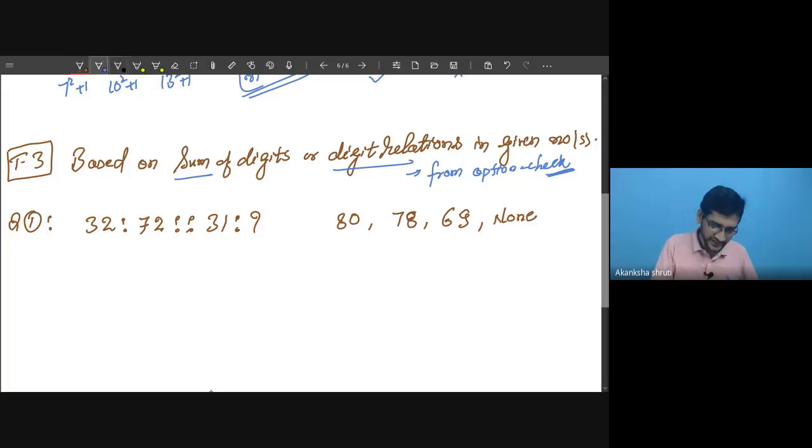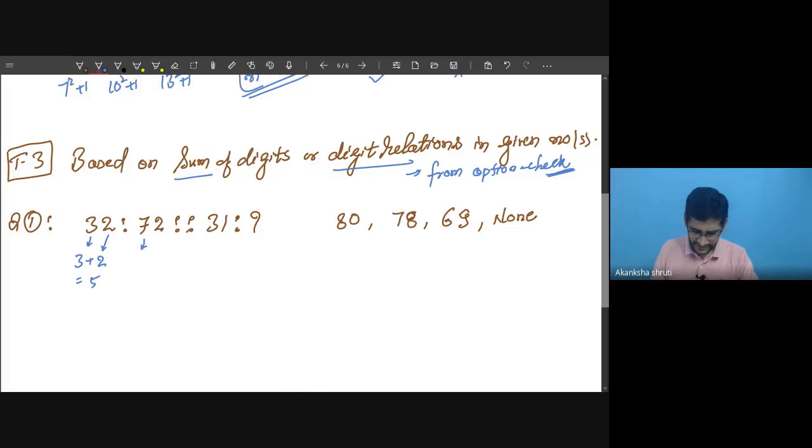Here we are discussing the digit relation. So that is another important tip that you have to think about. Here, add the digits of this 32. What are the digits? It is 3 plus 2. We are getting 5.